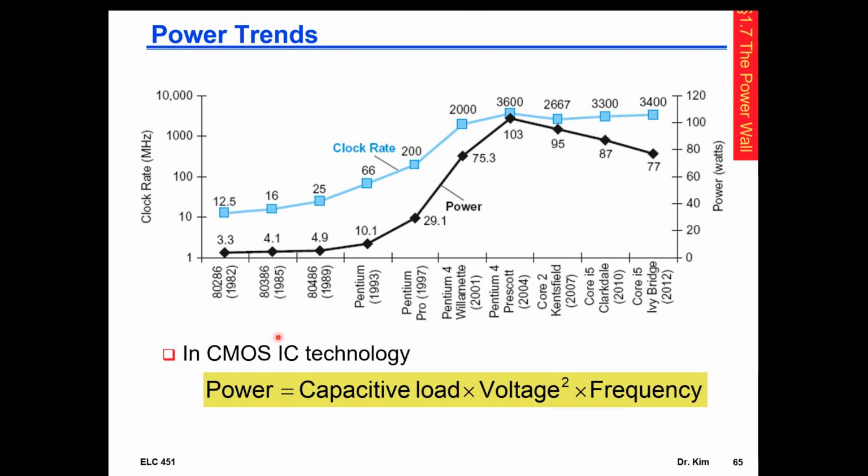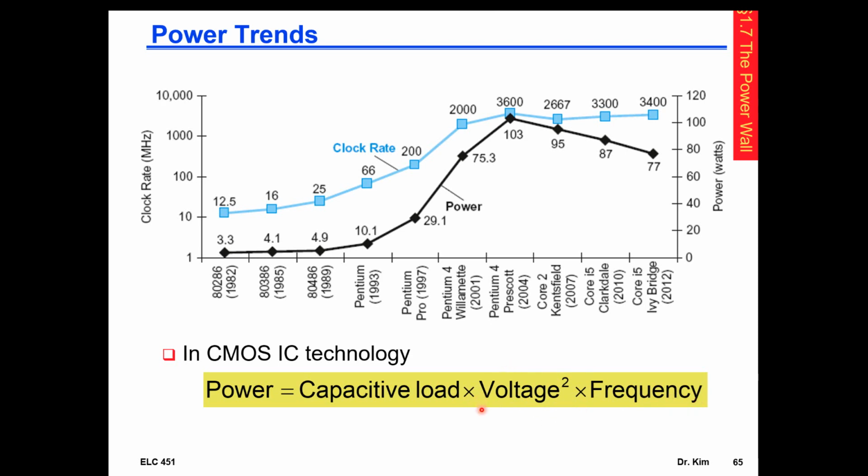So this is a very important chart that highlights that in CMOS technology, which is what is used for processor design, power is the capacitive load, which is an aggregate of what the capacitive load abstraction of the chip is, times the voltage squared times the frequency.